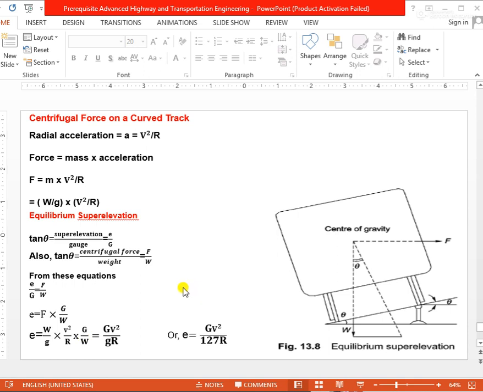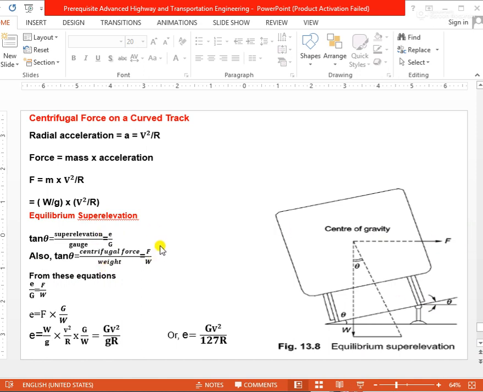So, equilibrium super elevation can be defined by tan theta. Tan theta is the super elevation by gauge. Okay, super elevation is denoted by small e, gauge is capital G. Also, tan theta is the centrifugal force by weight.